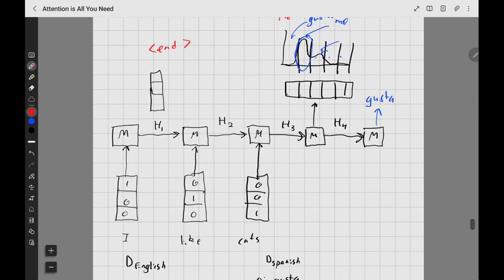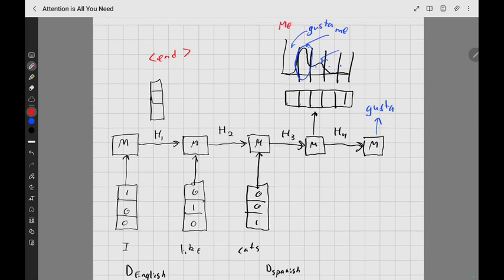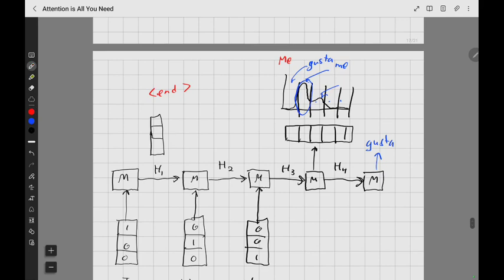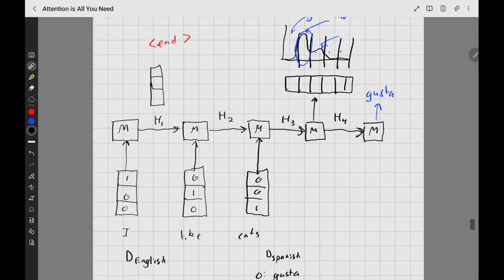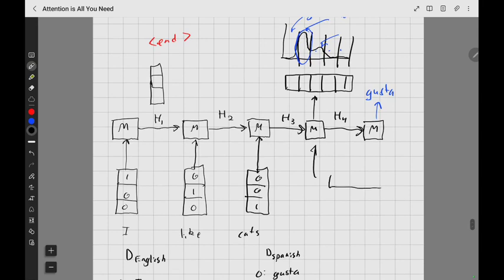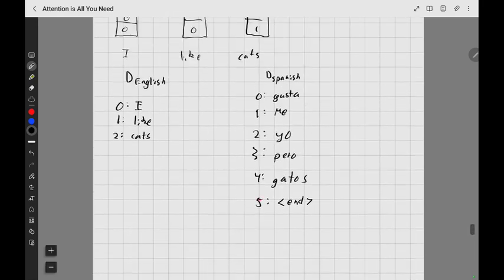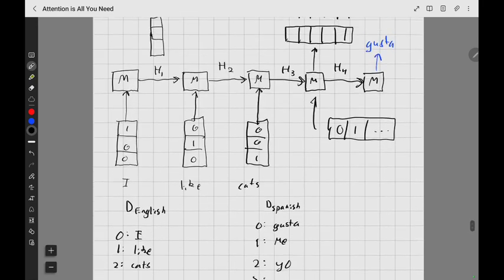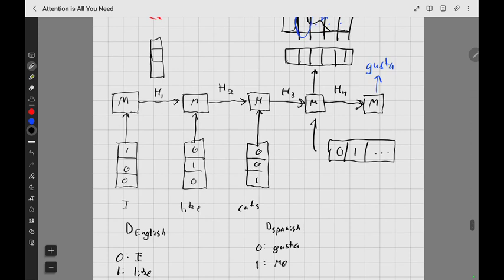The way you train this is you want it to output a one-hot distribution. In this case it'll be a vector that's 0, 1, and so on, more zeros, because if you remember, "me" was in position 1. Does it mean you encoded an end token as well? In this case it doesn't really matter.